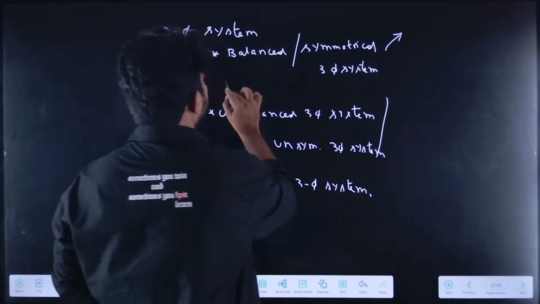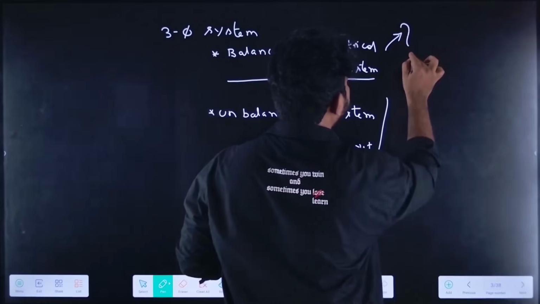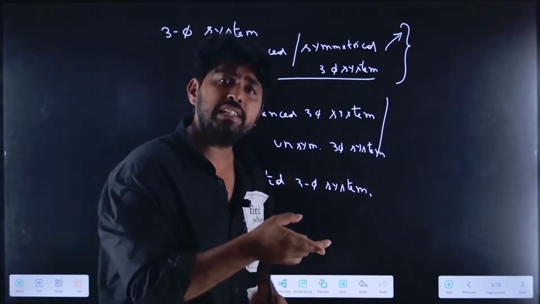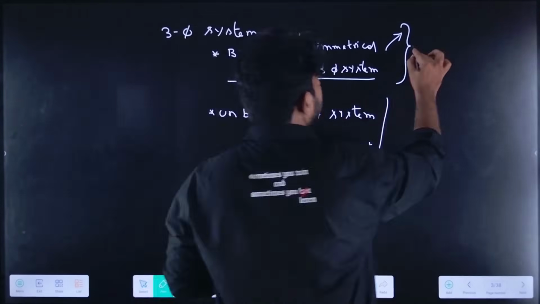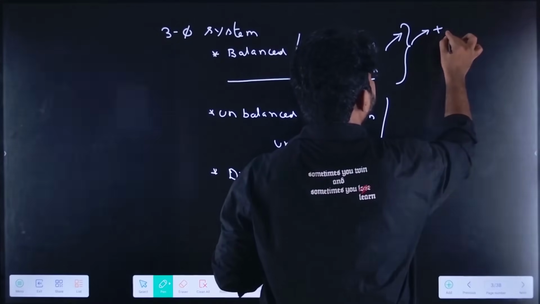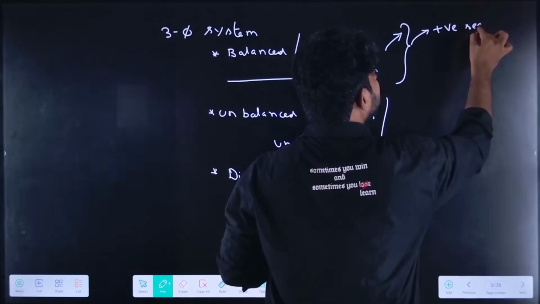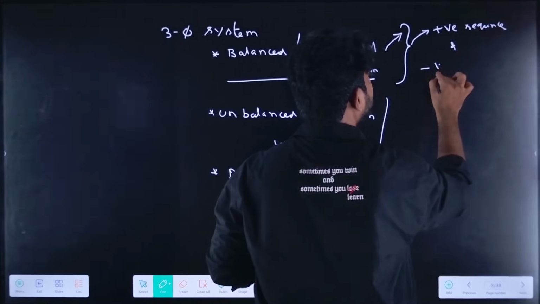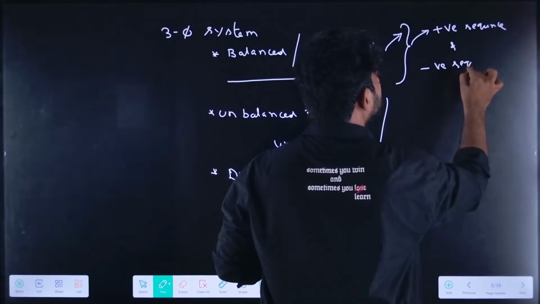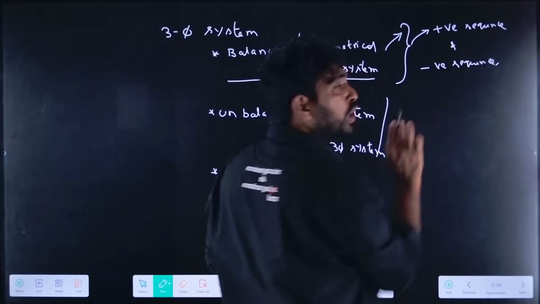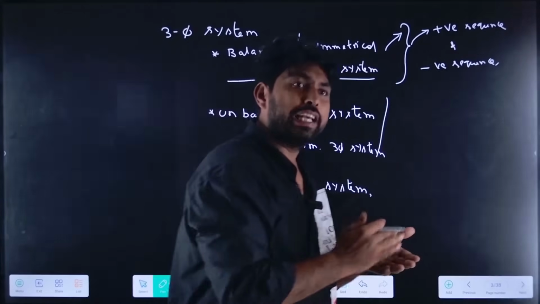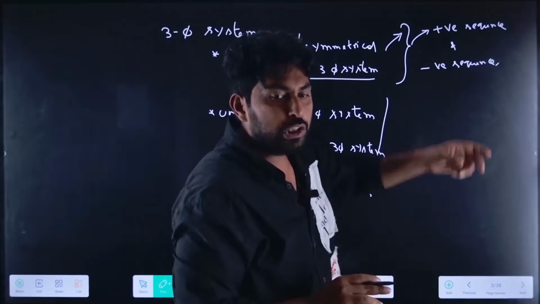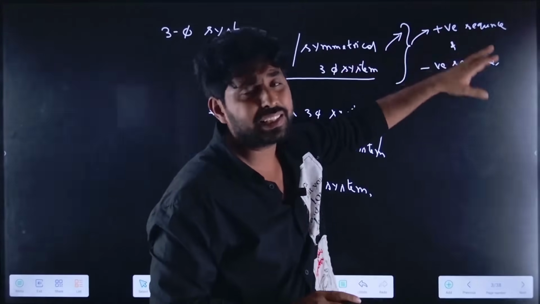A balanced system can be applicable for either the positive sequence or the negative sequence voltages. So don't get confused here. It is not that positive sequence means balanced voltage and negative sequence means unbalanced voltage. It is either positive sequence or negative sequence.